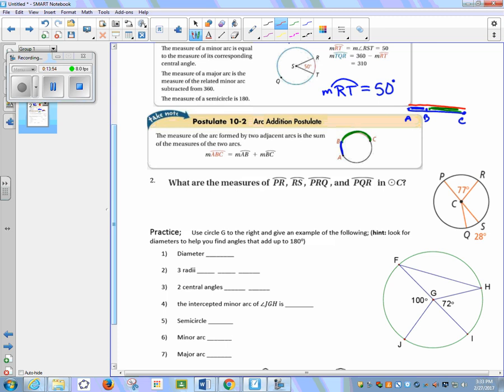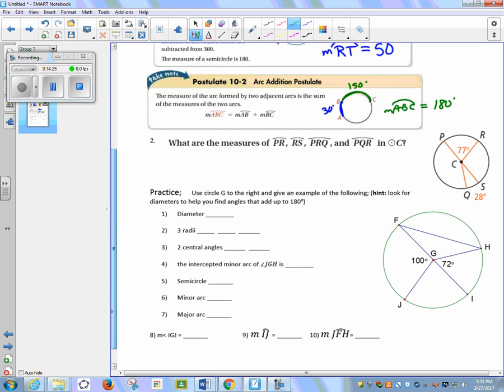So if it was 2 here and 5 here, the whole thing would be 7. Just imagine wrapping that around a circle now. If this arc is 30 degrees and this green arc is 150 degrees, then the whole arc ABC would measure 30 plus 150, which is 180 degrees.